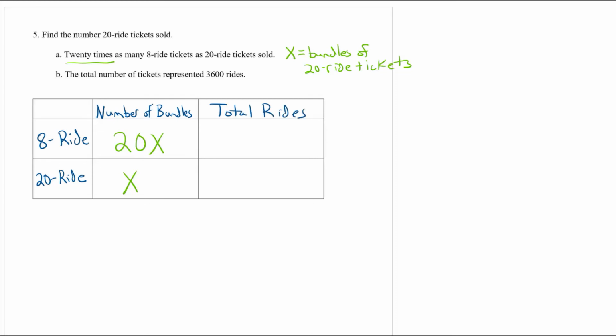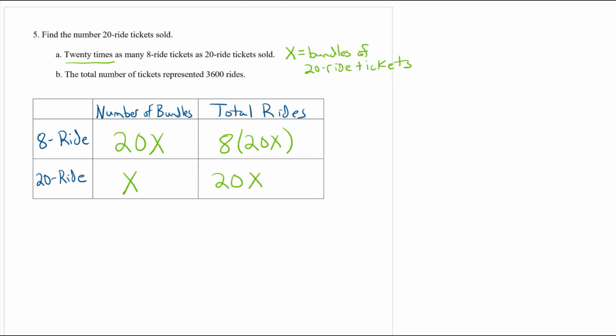And every time we buy one of these 8 ride bundles, we get 8 times the 20x. So I'm just going to use parentheses there to show that multiplication. And every time we buy the 20 ride, it's going to be 20 times the x.